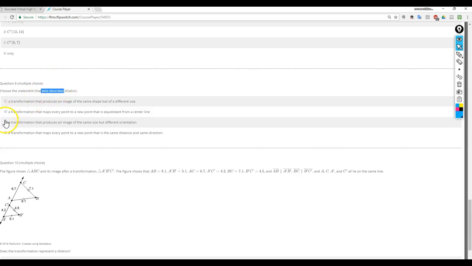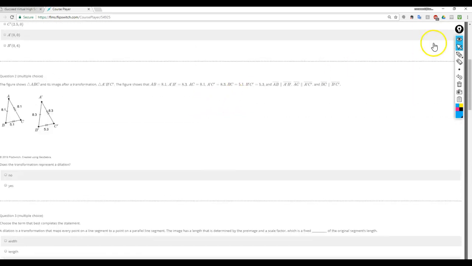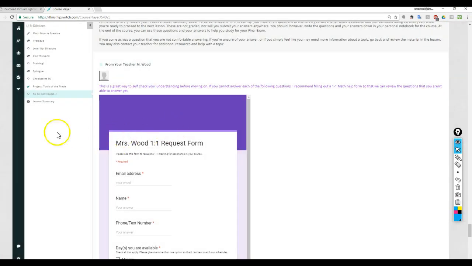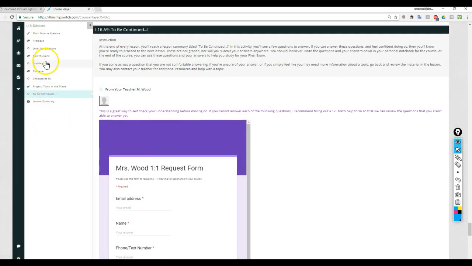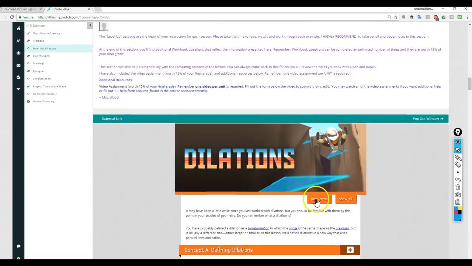So the other one that might be better is a transformation that maps every point to a new point that is equidistant from a center line. So how we could determine this is if you were to have your lesson, you notice right here it has key terms.